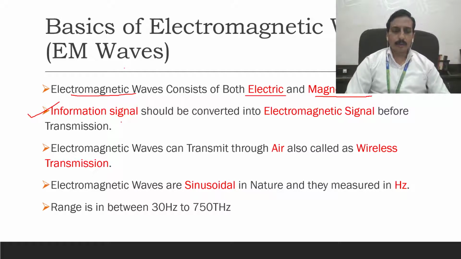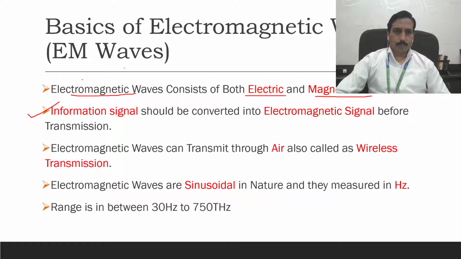For example, while talking, if my speech is converted by a device like a mic, then the electrical signal converted by the mic is called an information signal. In electronics vocabulary, you can use information signal, baseband signal or modulating signal.